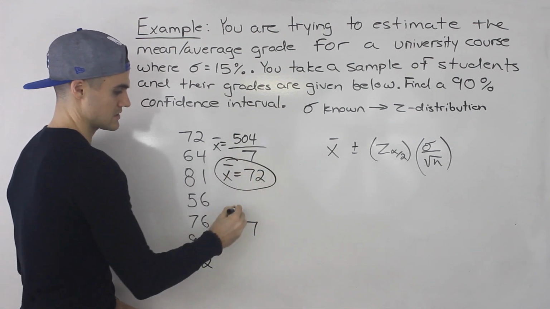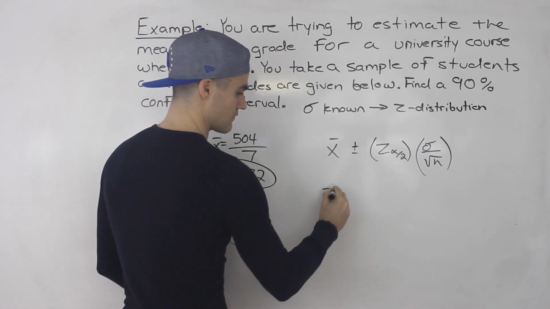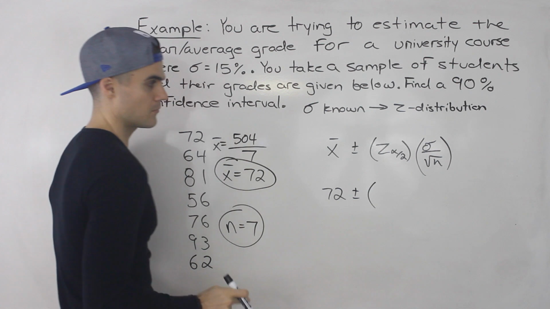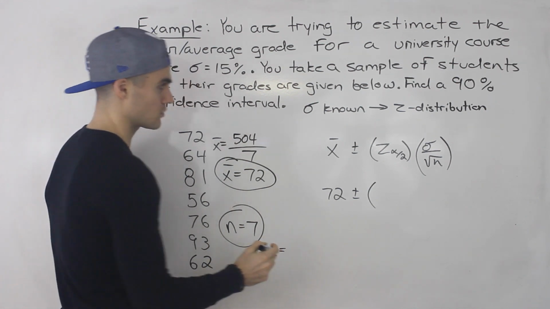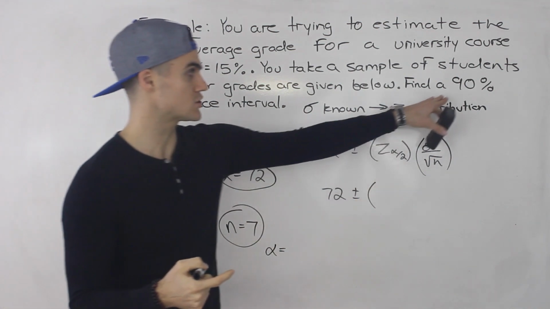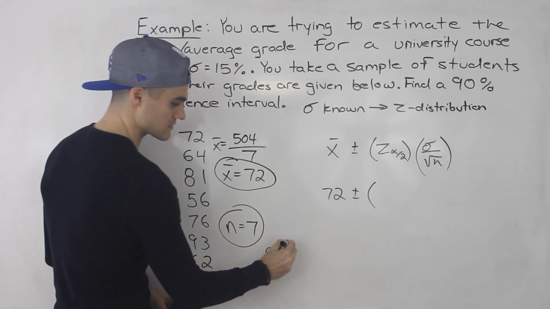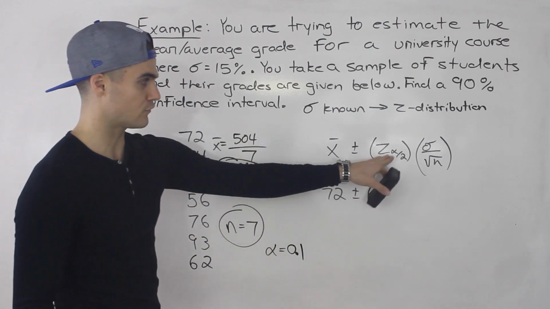So notice we have this and we have this now. So X bar 72 plus or minus, what's the alpha in this case going to be? The alpha, if you remember, is 1 minus the confidence percentage, and the confidence percentage is 90% in this case. So 1 minus 0.9 gives us 0.1. And so this alpha over 2 is 0.05.